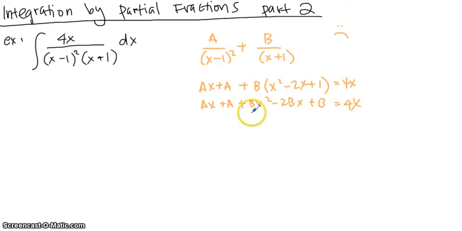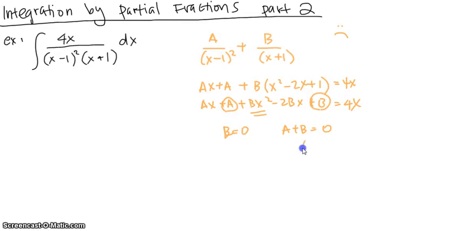I can see that it looks like I have an x squared term here, but I don't have an x squared term on the other side, so b looks like it's already 0. If I take a look at my constants, there is no constant, so a plus b has to be 0.